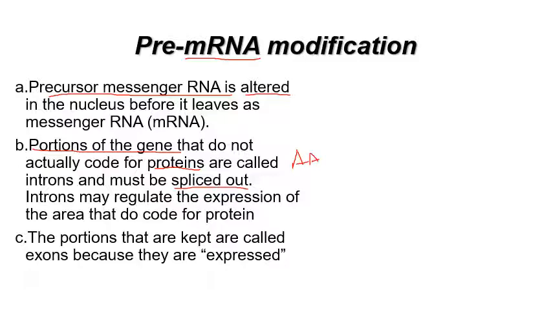The portions that are kept are exons, and there are multiple exons in a gene. We can splice out different exons, and we can actually make different proteins from a single messenger RNA, depending on how we splice it. Let's take a look at this in the next couple slides.